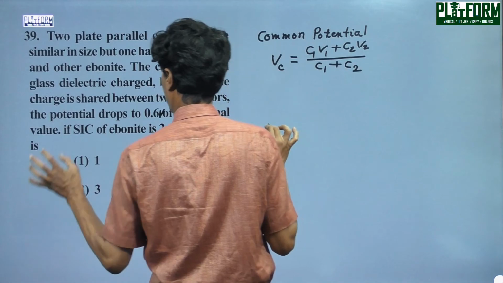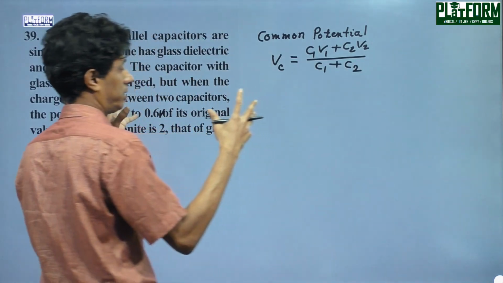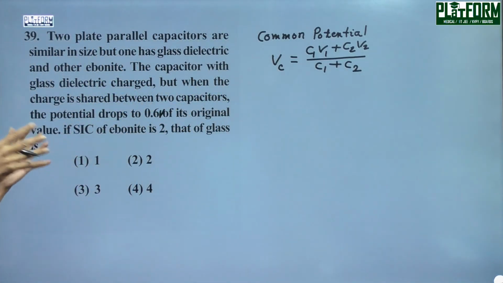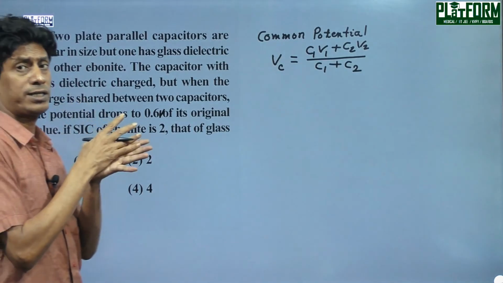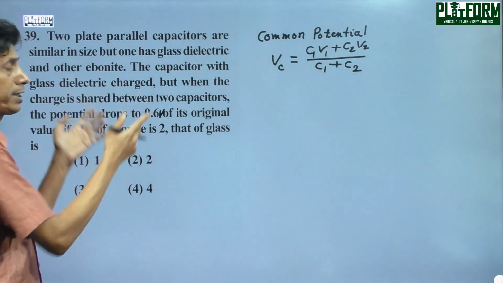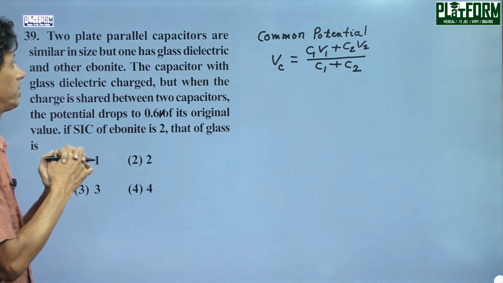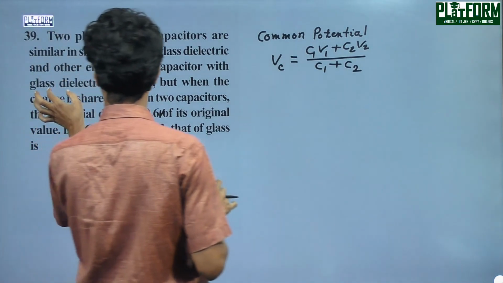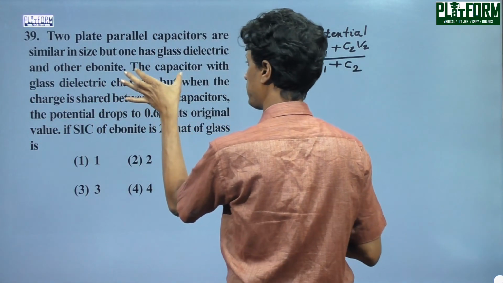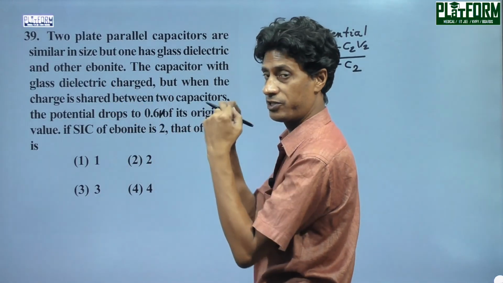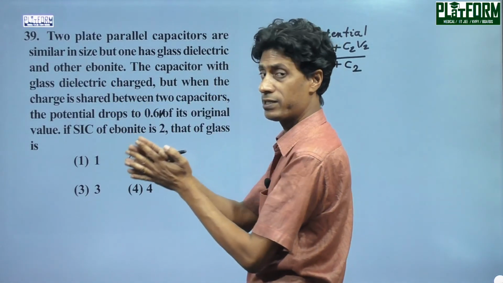And we know the common potential, because of the sharing of charges between the two condensers, one condenser is charged and the other condenser is uncharged. Here the capacitor with glass dielectric is charged, and the capacitor with the ebonite is uncharged.